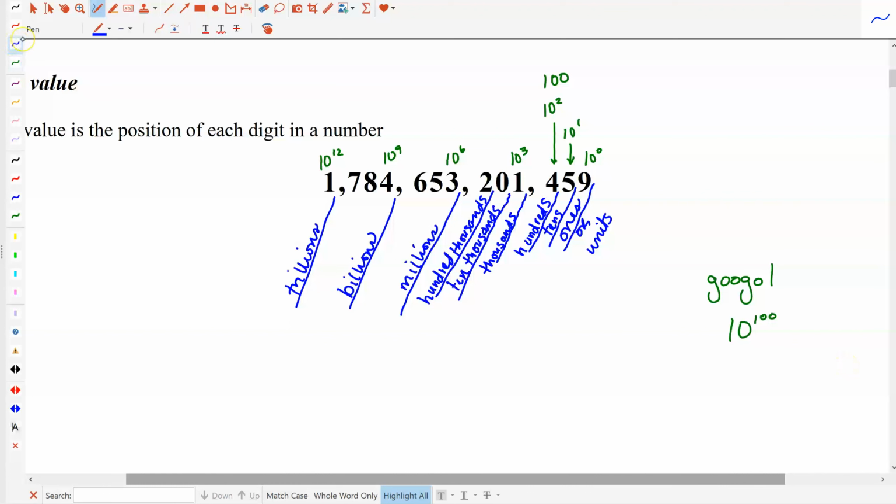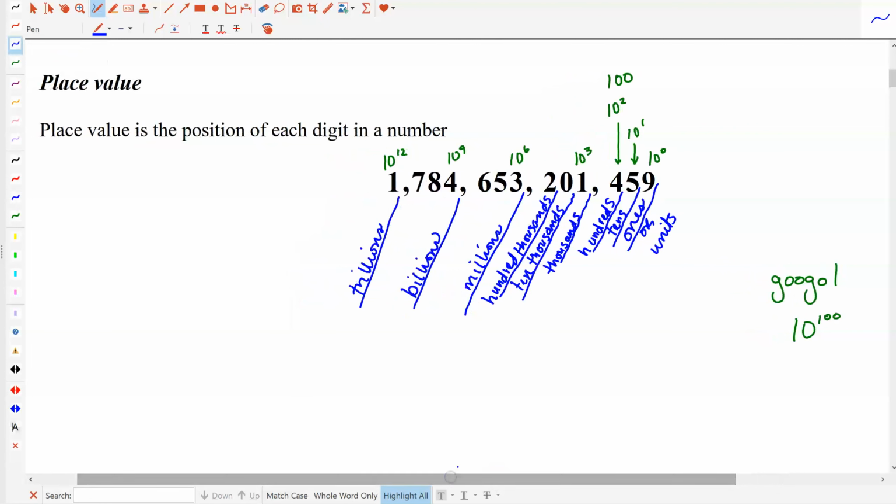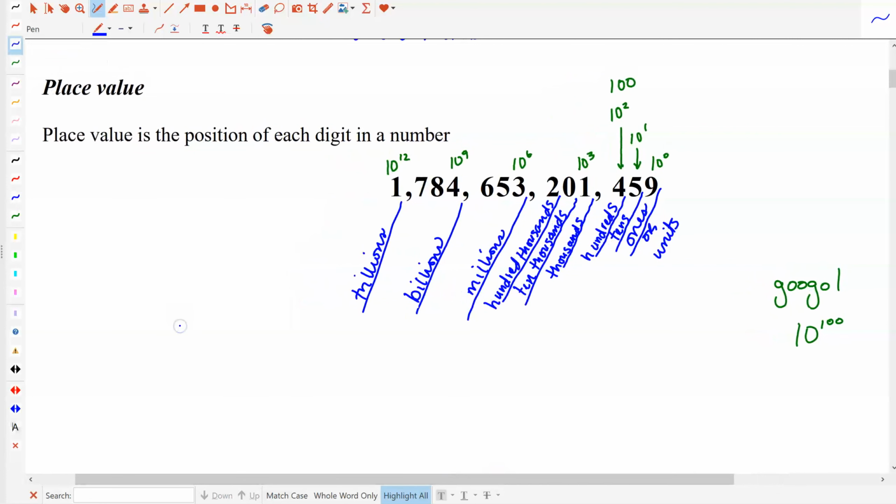Okay, so the whole point of the place value is that where a number is written in the position it takes in a larger number matters, and it also impacts how we say that number. So for instance, this number right here would be 1,784,653,201,459.